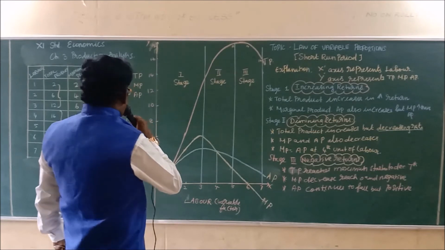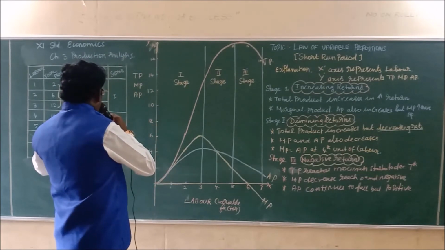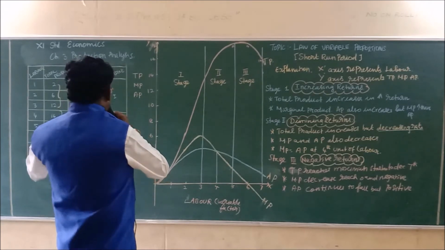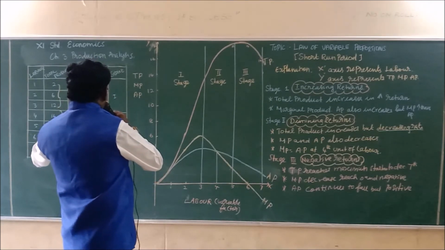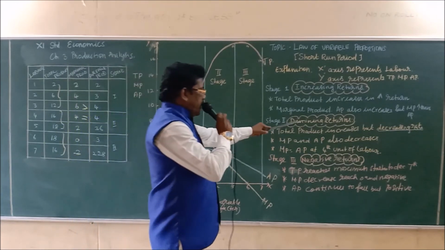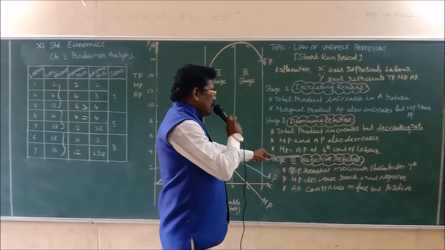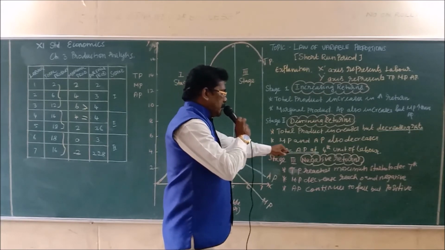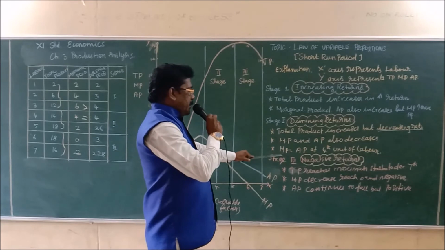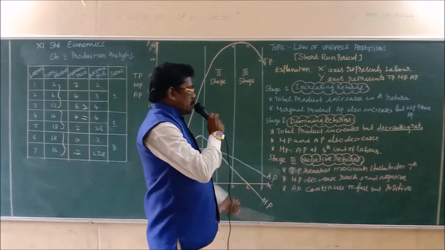So in the second stage, marginal product decreases, average product also decreases. The only thing is total product increases, but only at a decreasing rate. So in the second stage, the marginal product equals average product at the 4th unit of labor. So this is the second stage, diminishing returns.